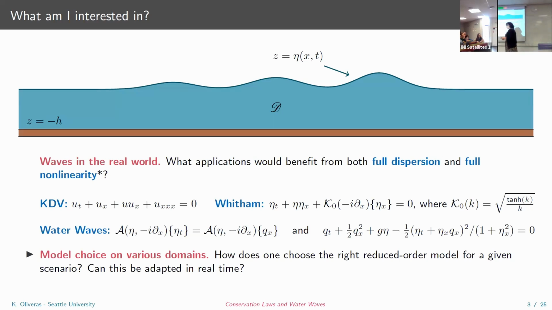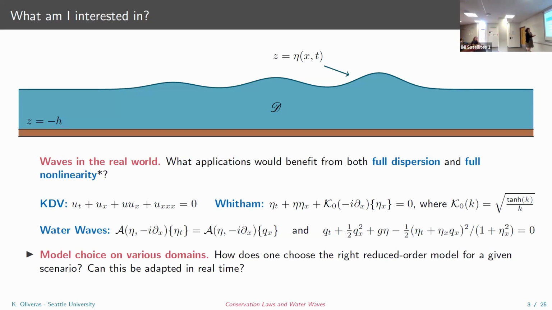So I put a few model equations here because one of the questions we see come up over and over again is how important is dispersion in terms of capturing real world phenomena? For example, KdV has dispersion in it. But if I modify that by replacing this third derivative term with half of the full dispersion relationship for the water wave problem, generally you'll see better agreement.